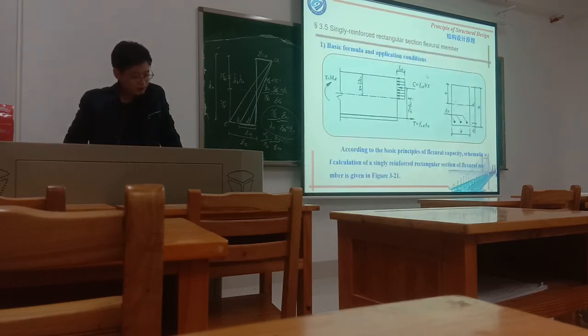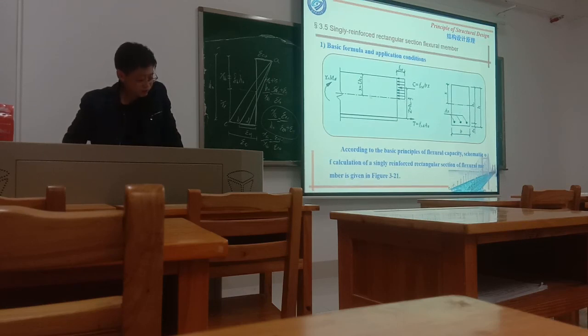So the basic formula. You see, this is the rectangular section beam, and we directly use the equivalent rectangular stress block. According to the basic principle for the flexural capacity, the schematic of the calculation of the singly reinforced rectangular section of the flexural member is this.